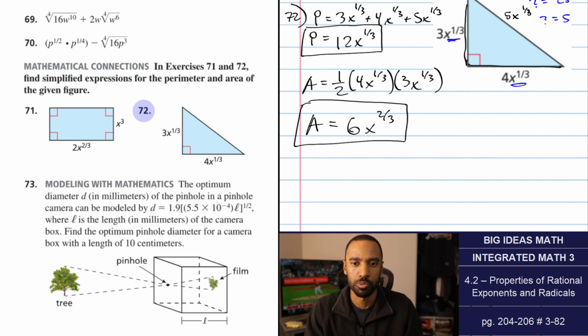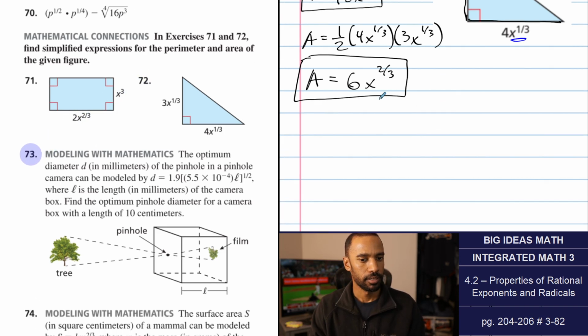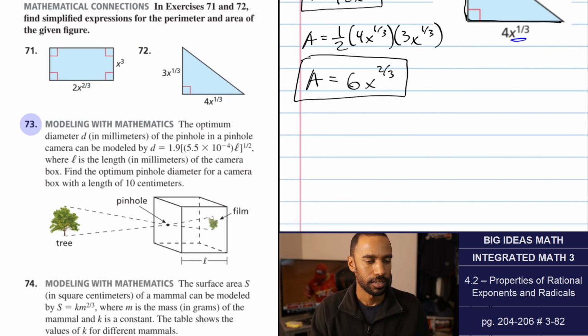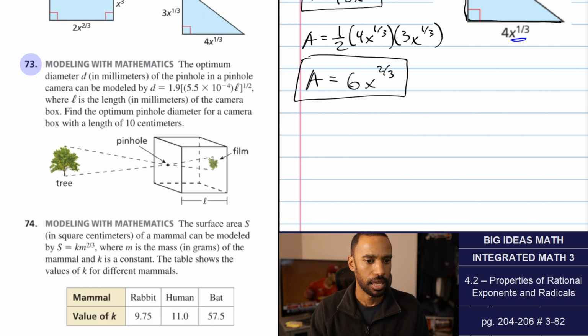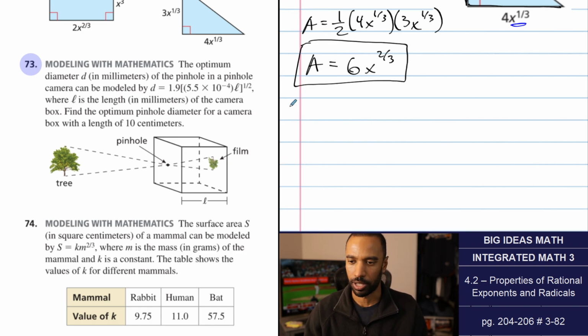Okay, let's move forward. Number 73. We have 10 more questions. Modeling with mathematics. The optimum diameter D in millimeters of the pinhole in a pinhole camera can be modeled by that. I did pinhole cameras. I taught intro to engineering one year.